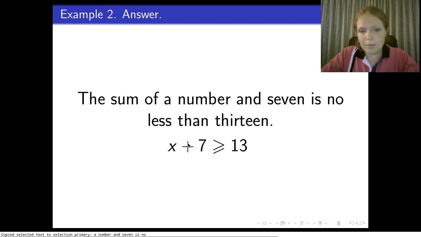The sum of a number, for example x, and 7 is no less than. The symbol of inequality for no less than is greater than or equal to 13. On the right side, just the number 13. So this is our answer for this mathematical phrase.